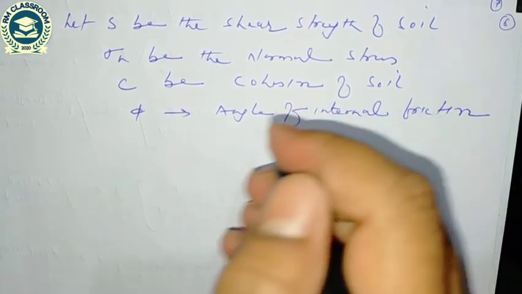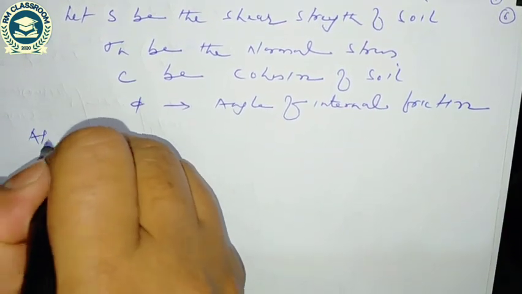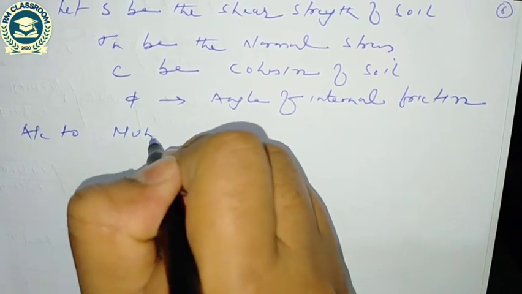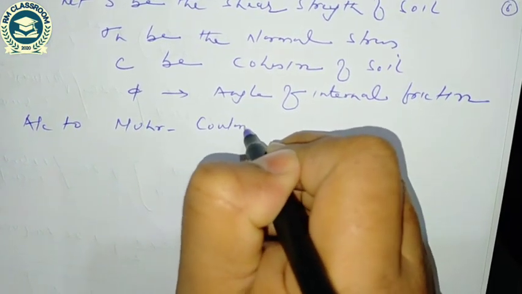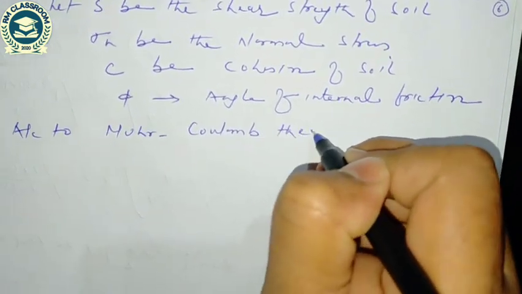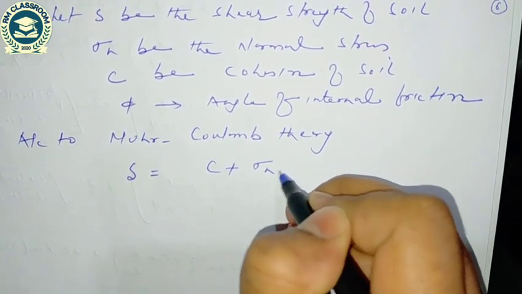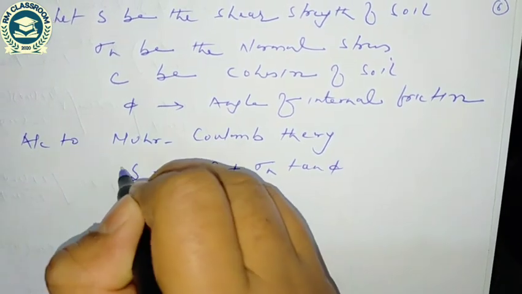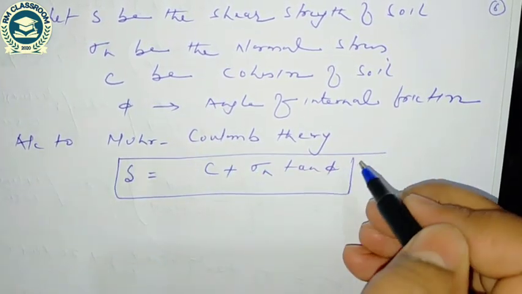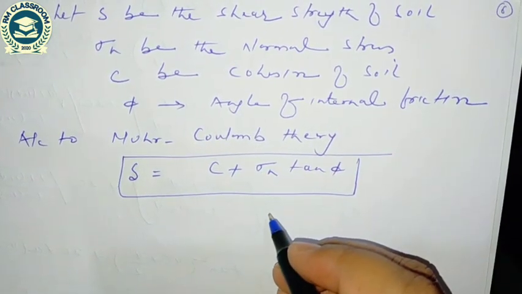So according to Mohr-Coulomb theory, S is equal to C plus sigma n tan phi.